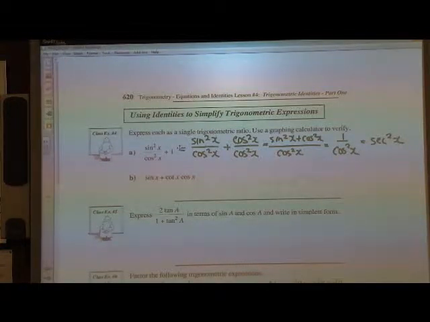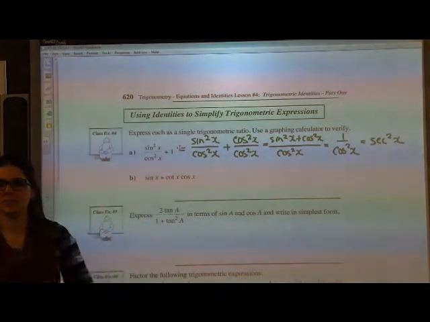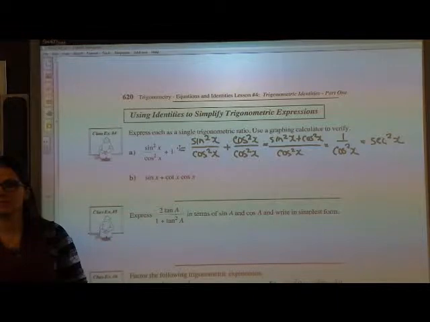Look on your sheet. I can write it as something else: cos over sine. Do I want to write cotangent as 1 over tan, or as cos over sine?